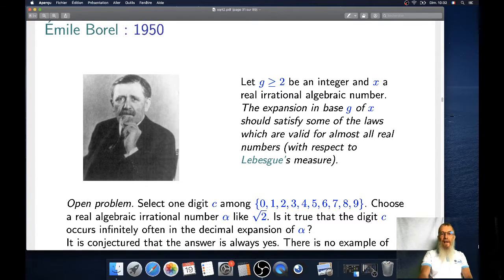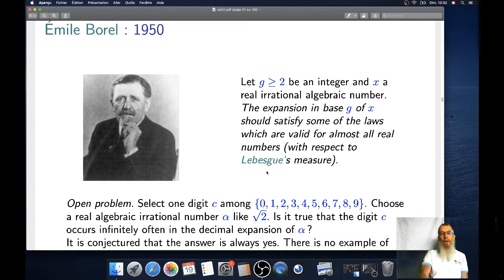And he suggested that they satisfy the laws which are valid for almost all real numbers, which means that there is no regularity in the decimal or binary expansion of square root of 2. And he suggested that it is the same for any real irrational algebraic number, and for the basis 2 or the basis 10 or any basis. So this is what he suggested.